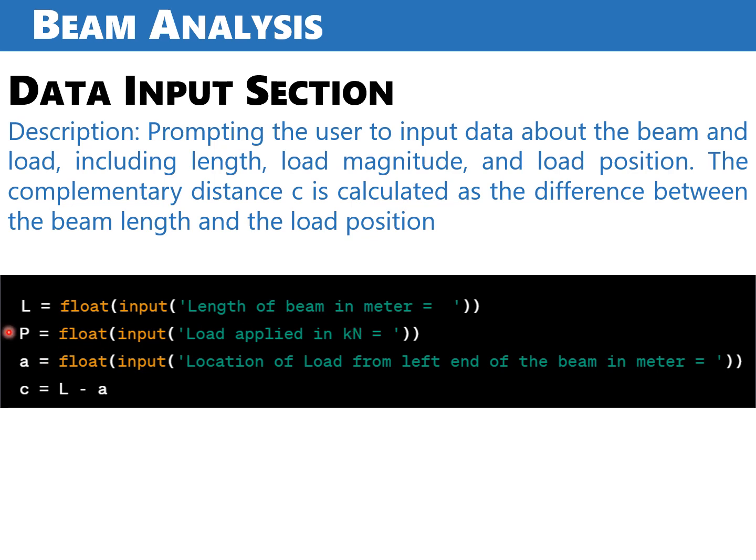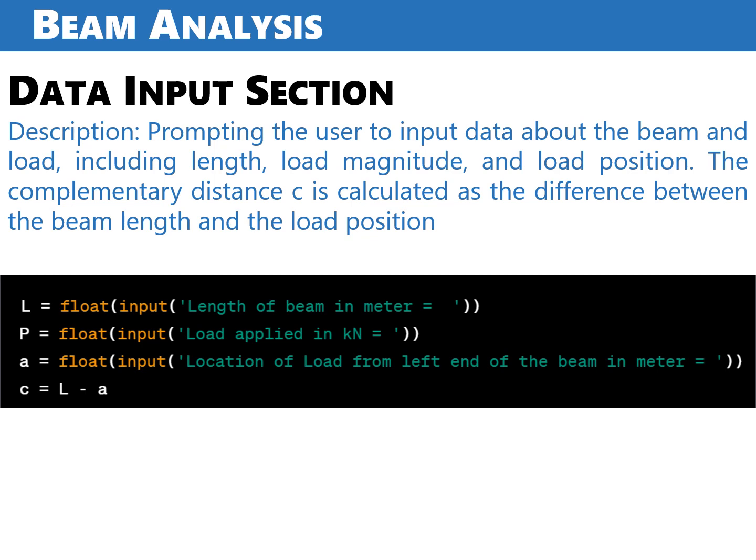If P is acting at a distance A from the left support, we can calculate its distance from the right support, which will be equal to length minus A. We have converted length, load, and its distance from the default string format to floating decimal places. The benefit of using float is that the user will be able to input both values without decimal places and values with decimal places.